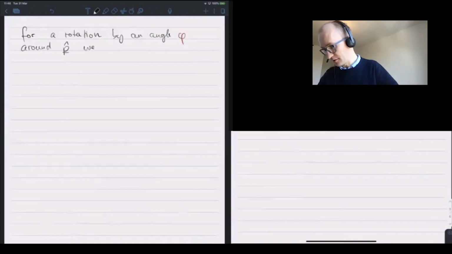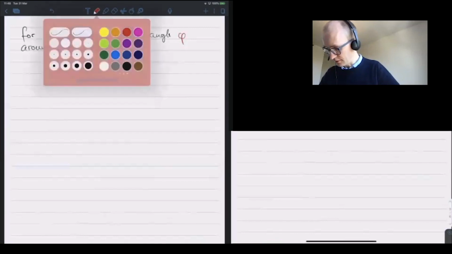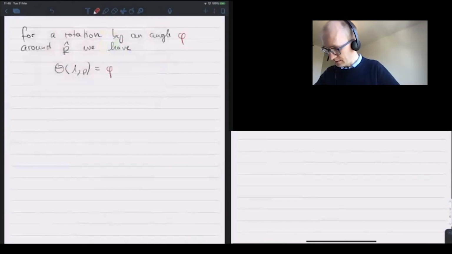Well, we simply have that theta of lambda P is equal to, well, this one I call phi. And the only difference is that theta lambda of P prime, because P prime, the spatial momentum is in the opposite direction, so the sense of rotation is inverse, minus P. Okay?